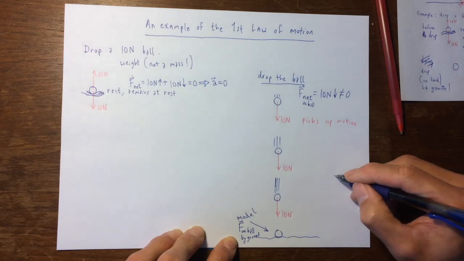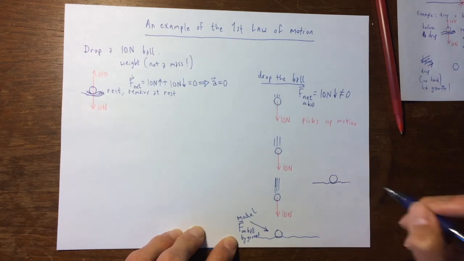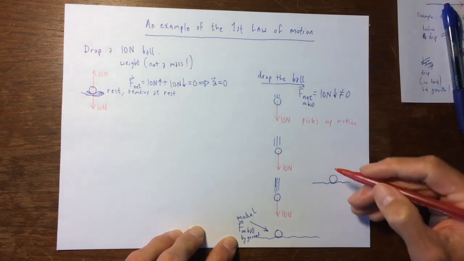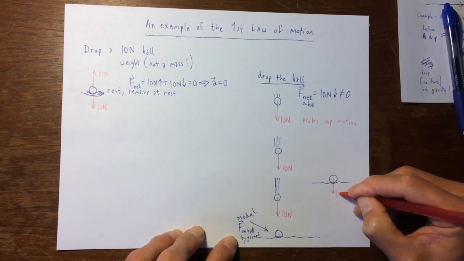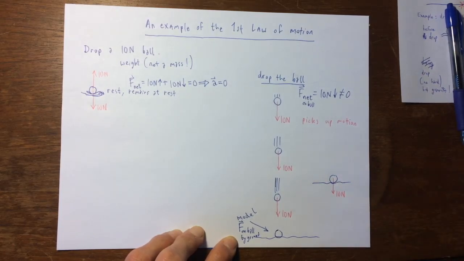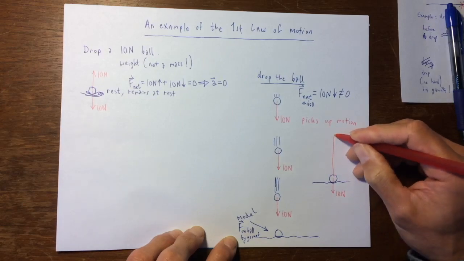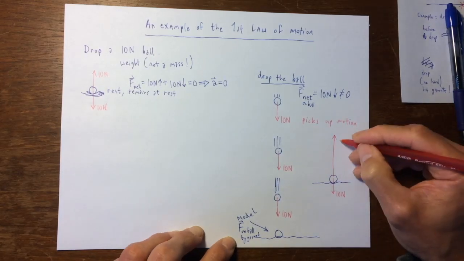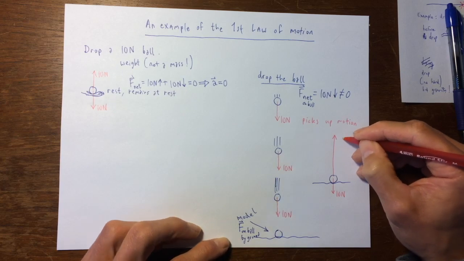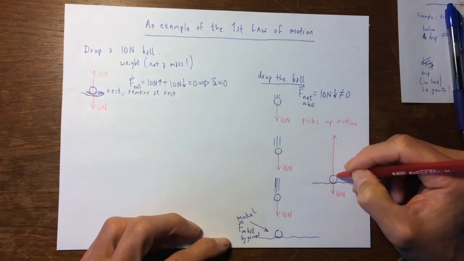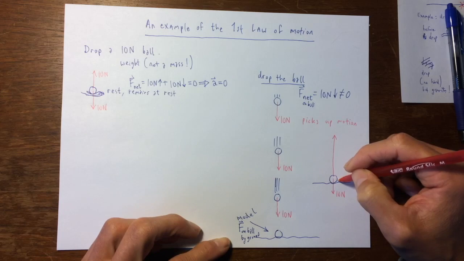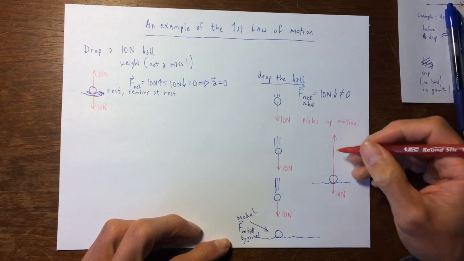Let me draw this to the side. So here is the ground. Here is the 10 newton force. And maybe at some point during the impact of the ball with the ground, we could see 50 newtons or 500 newtons, depending on if this is a steel ball or a rubber ball or a foam ball.